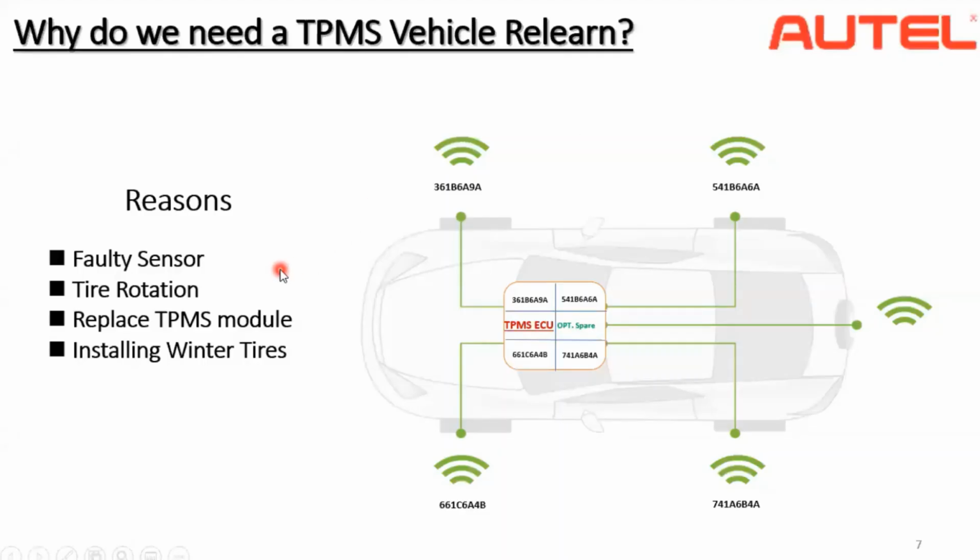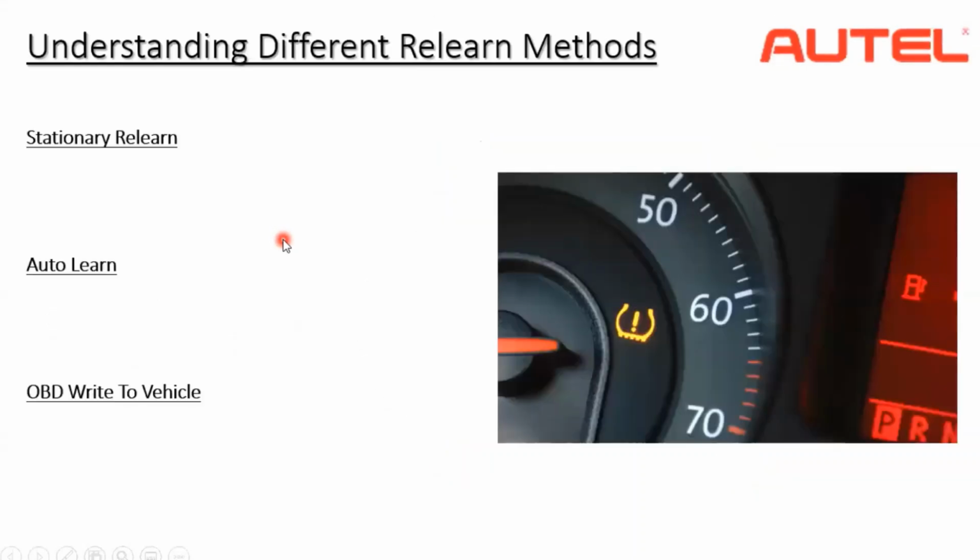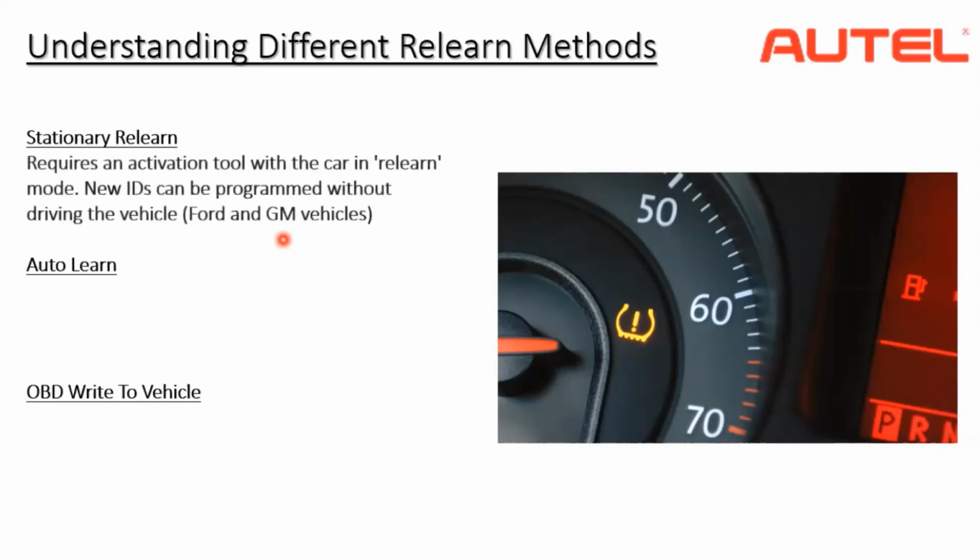So now we already understood why we would need a relearn procedure. Now we'll talk about different relearn methods. There are mainly three relearn methods available on Autel tools. The first one is the stationary relearn.